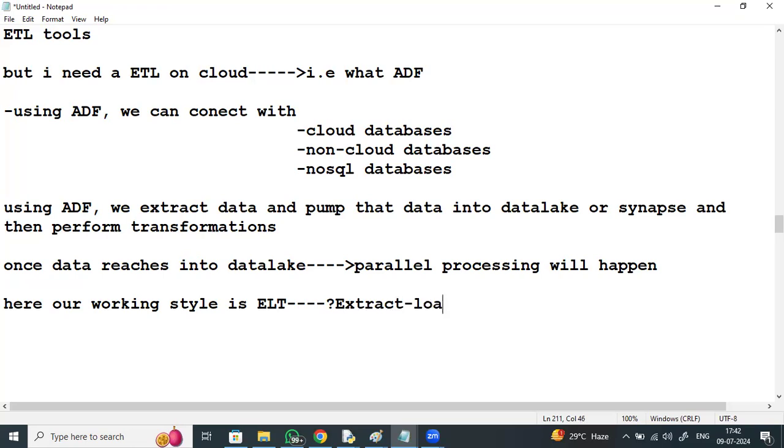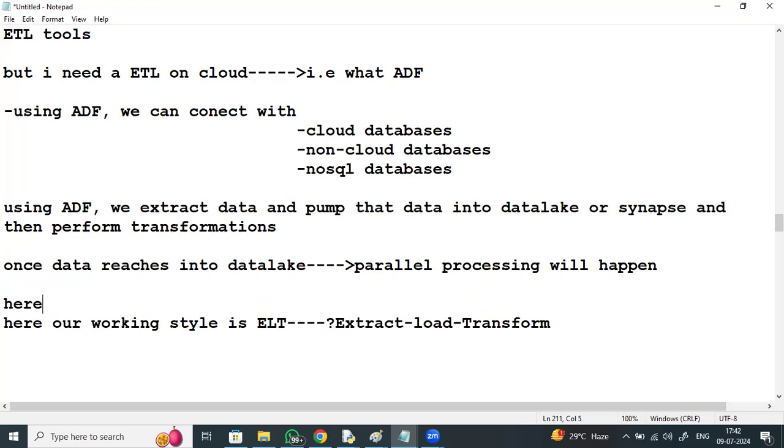Extract, load, transform. Generally it is ETL, but our working style will be ELT. Extract, load, transform.